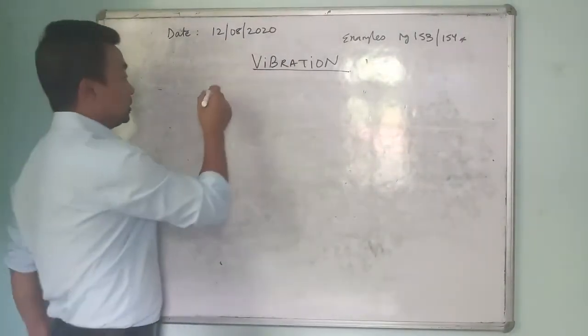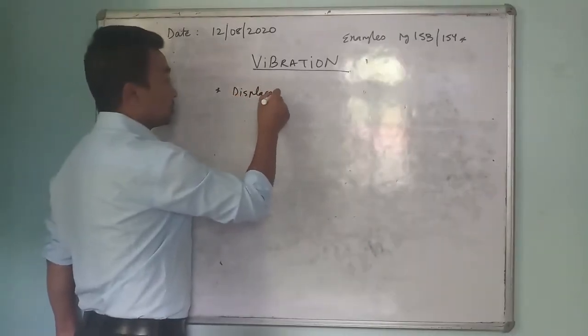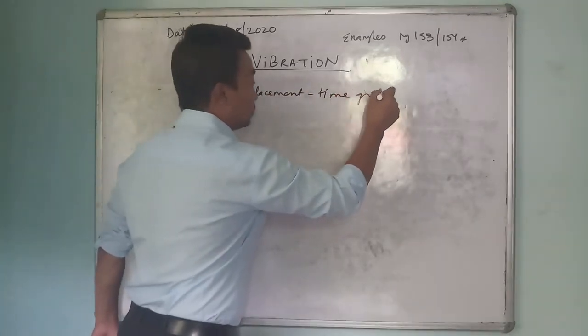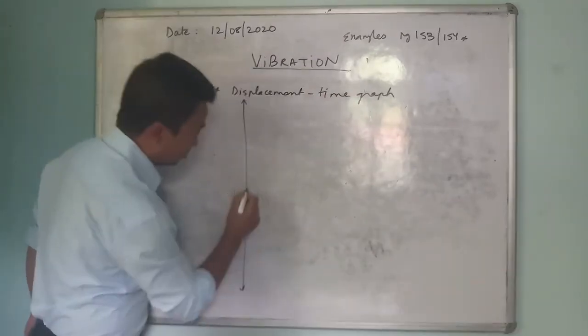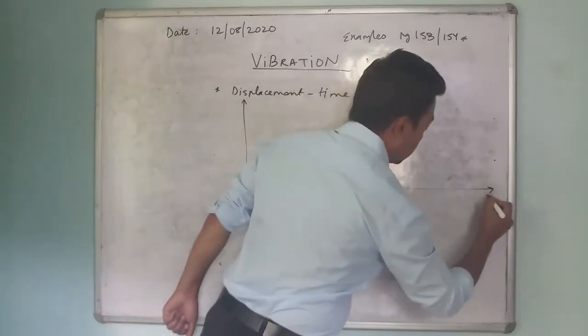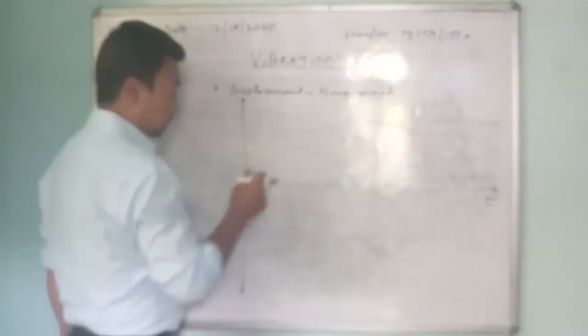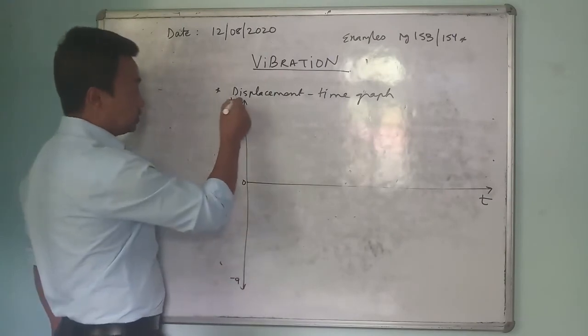Okay, now let us see the displacement time graph of a damped vibration. We have the same sort of diagram there. The x-axis will give you the timeline, the time factor. This is the origin, this is the negative, and this is the positive.